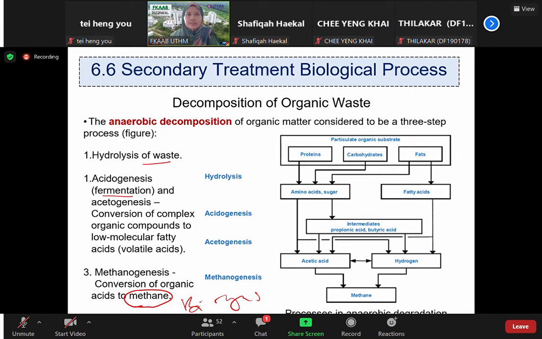Tapi benda ni mungkin promosi ke apa, sebab kat Malaysia saya nampak dia punya proses is like a larger scale. Macam tadi industri IWK pun ada buat, tapi dia punya wastewater treatment plant di KL kalau saya tak silap. Nanti saya akan melawat lah in July. Okay, dia punya process of this biogas, the biggest one.